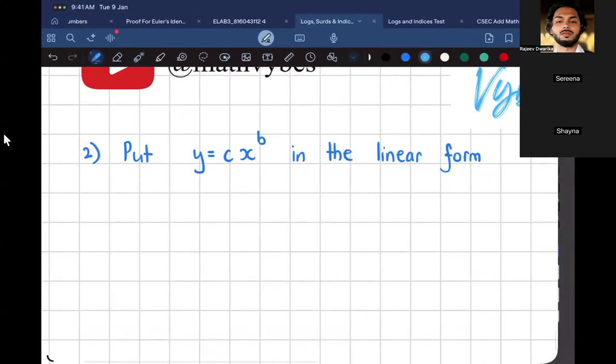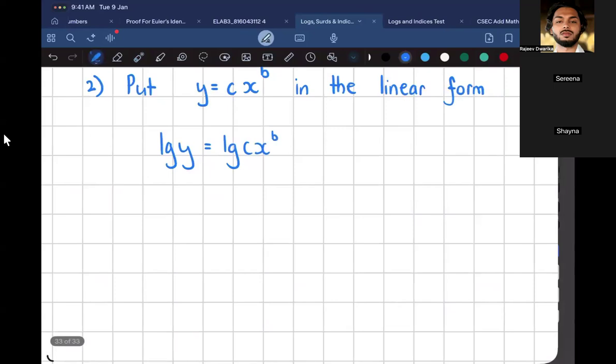So let's apply logs. If I apply logs on either side, Sheena, I'm going to get log what? Log y equals log c x to the power b. Am I going to take that b and move it to the side? No, sir. No, I can't do that.